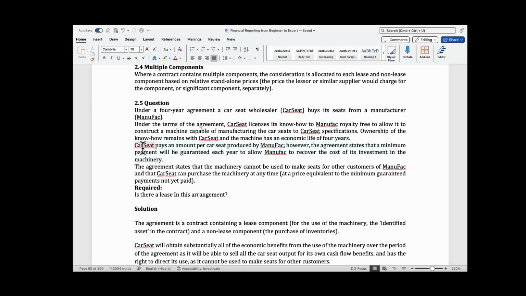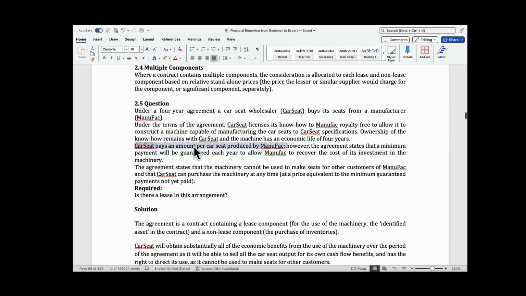Car Seat pays an amount per car seat produced by Manufac. Okay, so usually, of course, when he buys those seats, he will pay an amount. However, the agreement states that a minimum payment will be guaranteed each year to allow Manufac to recover the cost of his investment in the machinery.